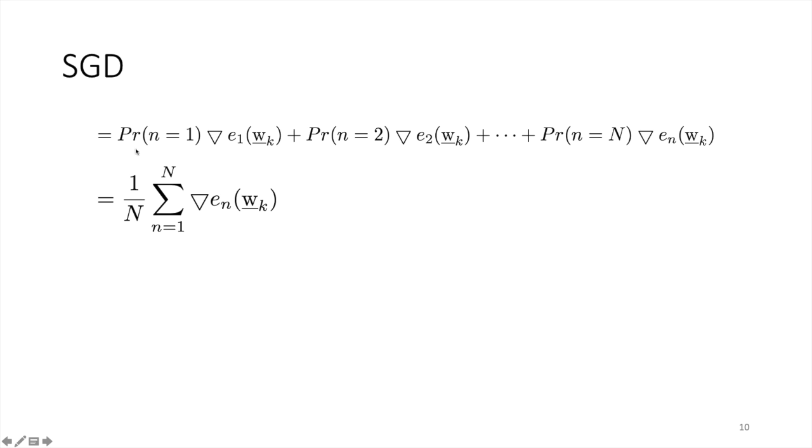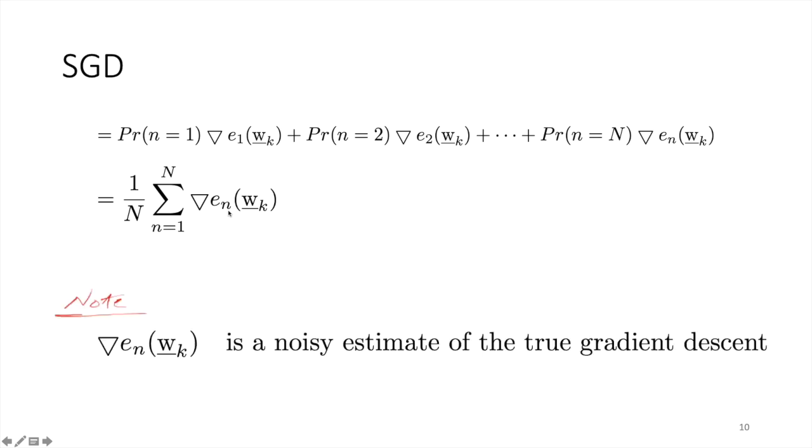So the probability of n equal to 1, the gradient of E_1 of w_k, up to n equal to capital N, the last one, the gradient of E_N of w_k, is going to be 1 over N summation of all those E_n's.